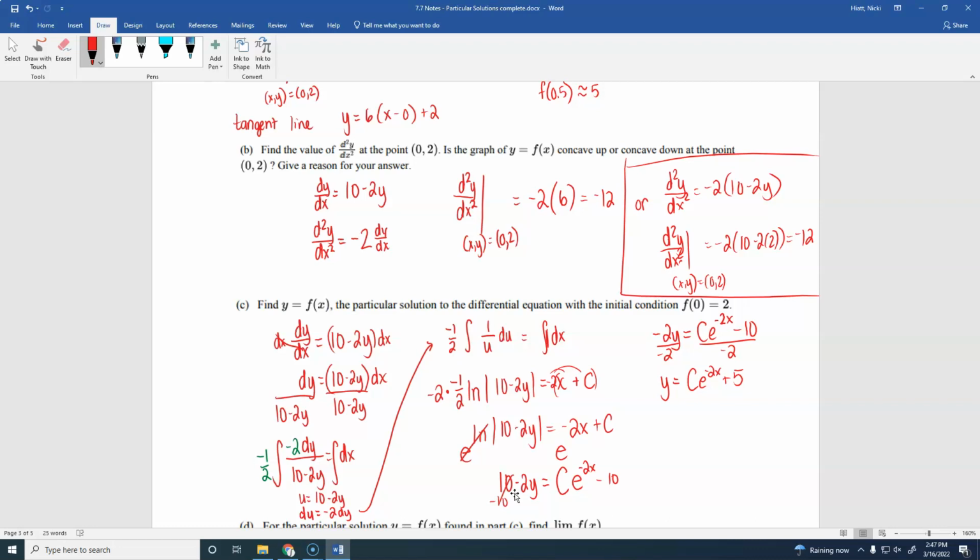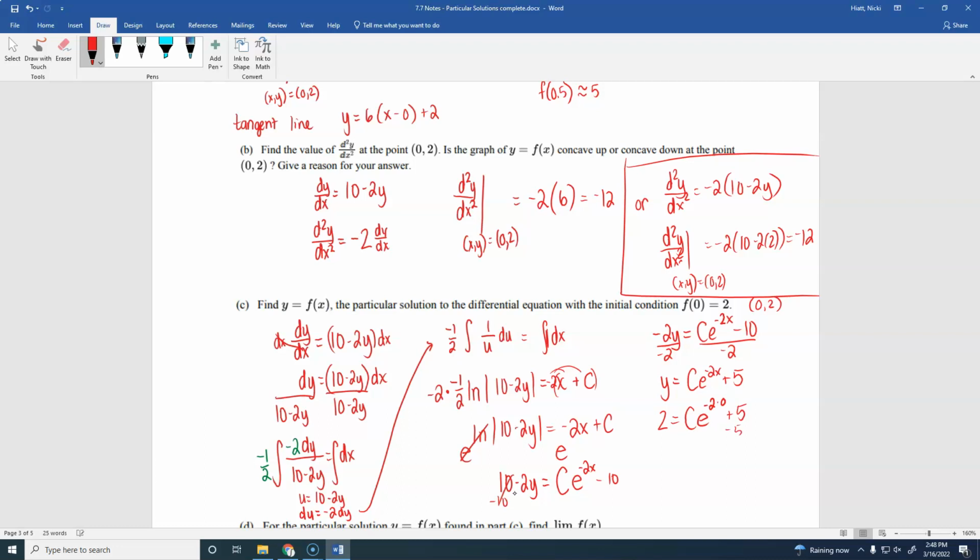Okay, so we're solved for y now, but we do need to find that c value because we need the particular solution. A particular solution doesn't have a c in it anymore. So we're using the point 0, 2. We'll plug in 2 equals c e to the -2 times 0 plus 5.